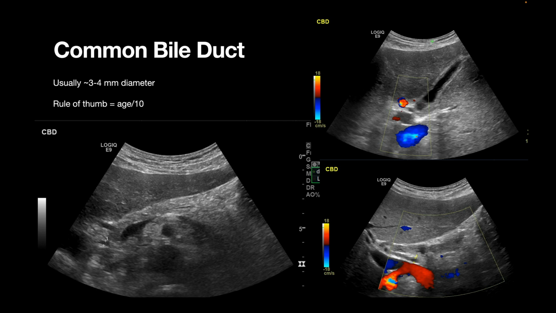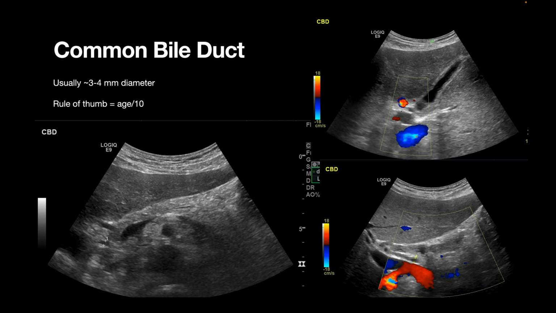And then in the head of the pancreas, there's two round structures usually. There's usually the gastroduodenal artery, which is the one at the 10 o'clock position in the head of the pancreas, and then the common bile duct's usually more around the 7 or 8 o'clock position, and that's the one that's been measured on this picture here. You can put colour flow on to show that one's got arterial flow on it and one doesn't, and that tells you which one's the bile duct. So that's one trick there.